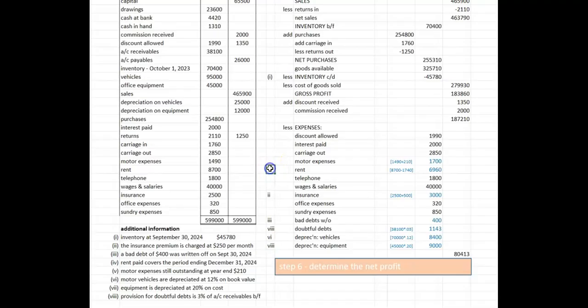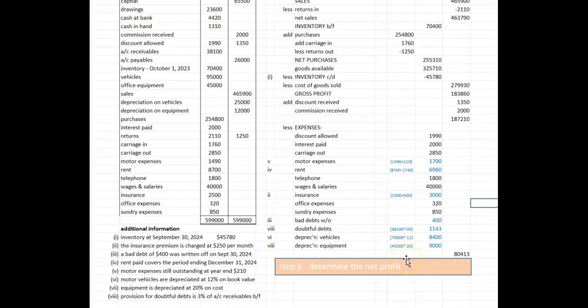The rent was number 4. The bad debt, number 3, good. I'm missing somebody. More expenses was number 5. Good, so I've covered all 8. So that means I'm good to go. So my total expenses 80,413.